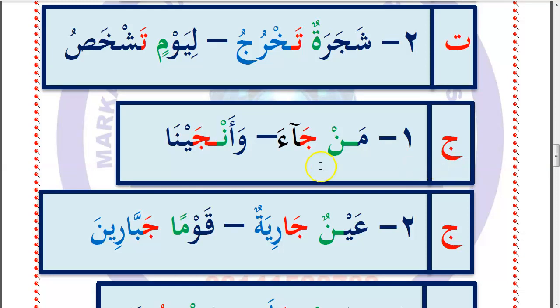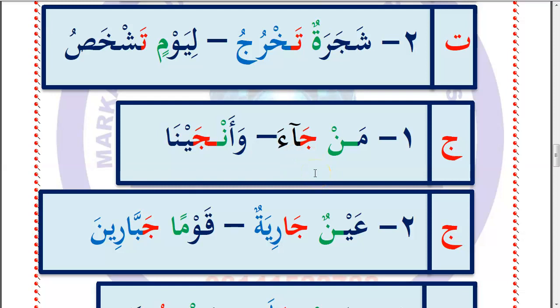Here is jimun appearing after nun sakina. Man jaa. Since we are stopping on this hamza, you must break the voice. As you know, breaking of the voice is for reading of hamza with sukun. I take it again.